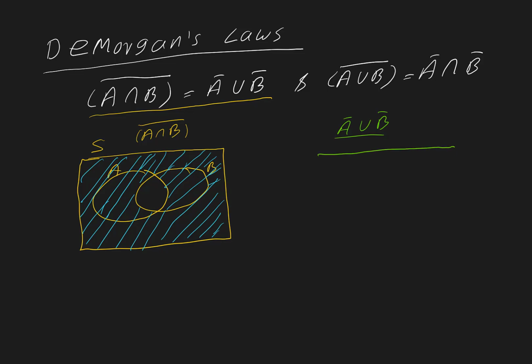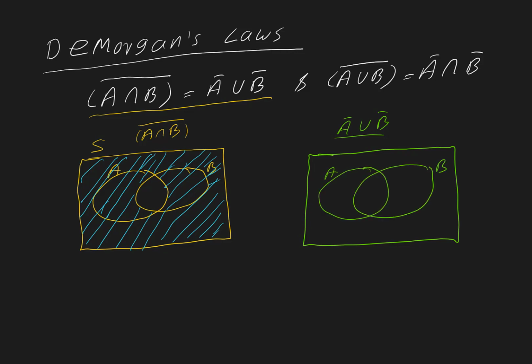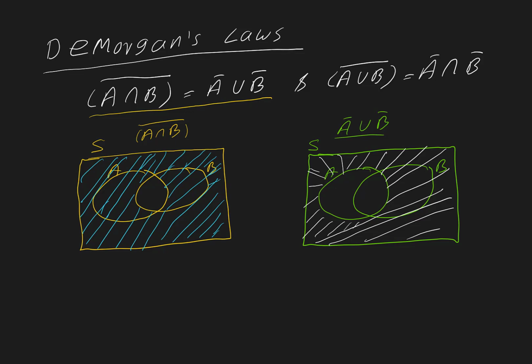In this case, again we need two sets A and B. So this is S. First A complement. What is the A complement? It means everywhere but not in A, right? So I use everywhere but not in A. This one.